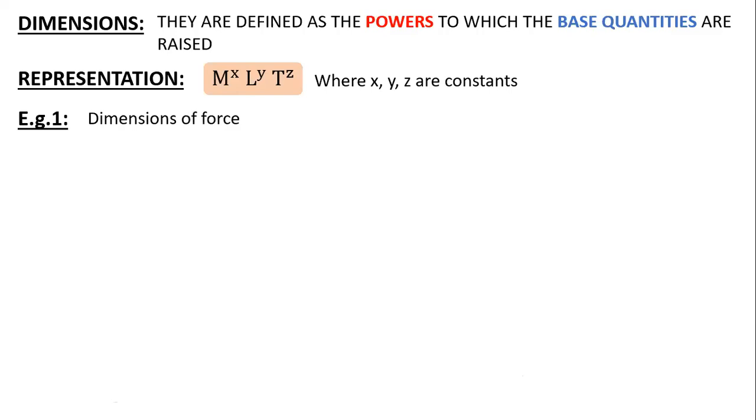Like a simple example, force is written as mass into acceleration. So you can either write the unit as Newton or as kg meter per second square, because the basic formula for force is mass into acceleration, because that we already know. Last year in Newton's second law, you might have derived that force is written as mass into acceleration in your school syllabus.